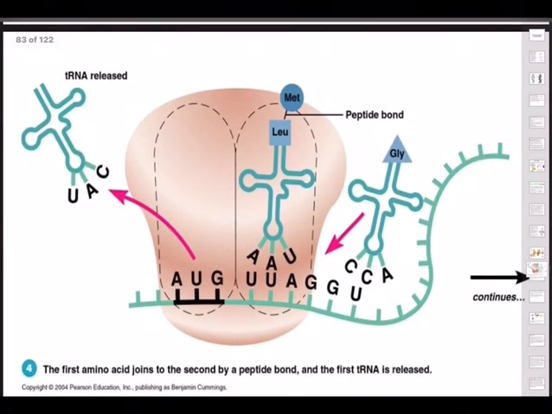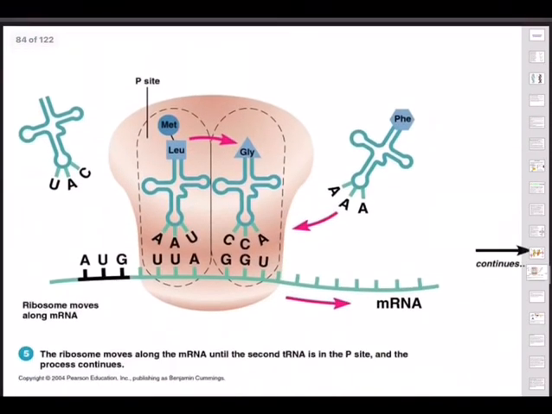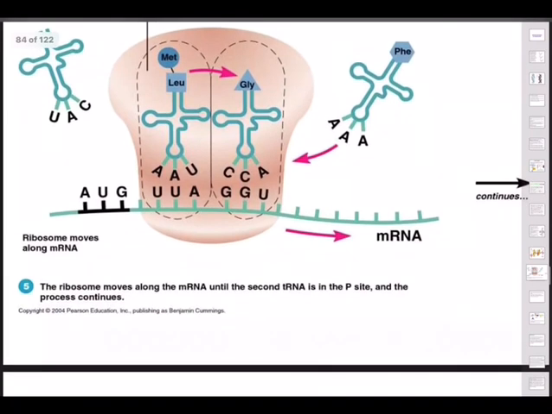Now you can see here, once the amino acid methionine gets released off, the tRNA gets uncharged, then you can see the formation of a peptide bond between two amino acids. As the mRNA, tRNA, ribosomal RNA moves over the platform of mRNA, many amino acids will keep on joining.